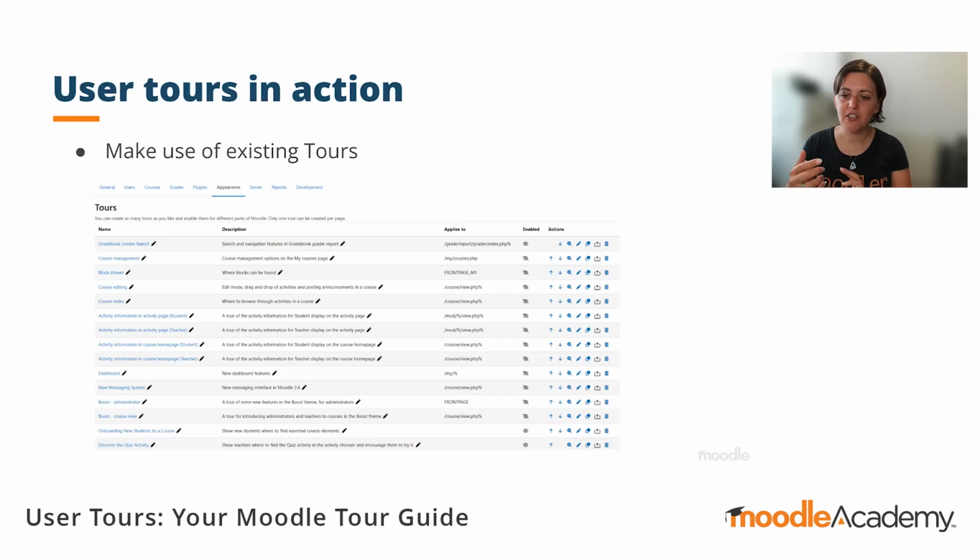And then the plus sign next to it shows you a preview, so you can check how it's working. And obviously the pen is to edit them. The pen will edit the settings of your tool, whereas to change the content of your tool, you have to click on the name. These are all clickable, basically.